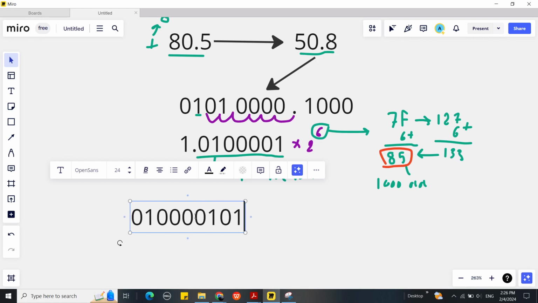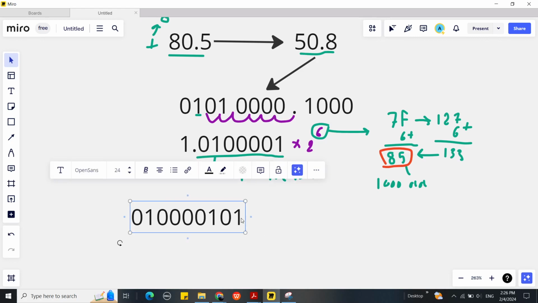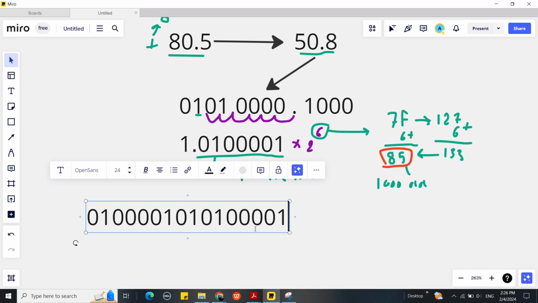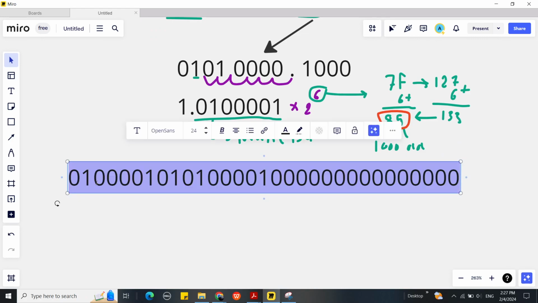Then we are going to write the new mantissa, which is this part, and it should be equal to 32 bits overall. So it's going to be 01000001, and then just a bunch of zeros until all bits total 32 bits. Then we end up with these 32 bits.